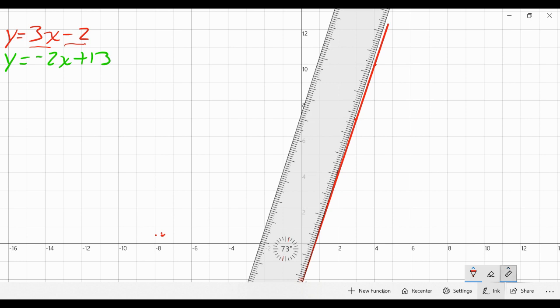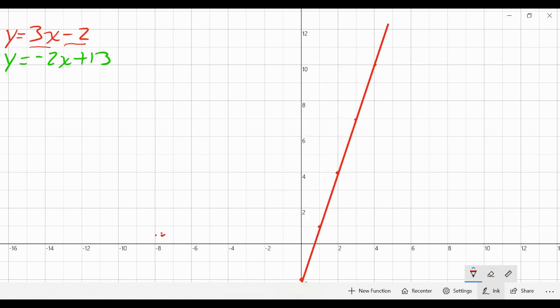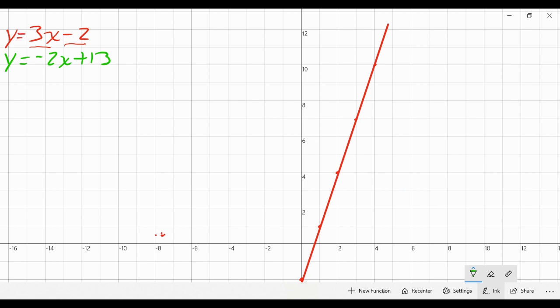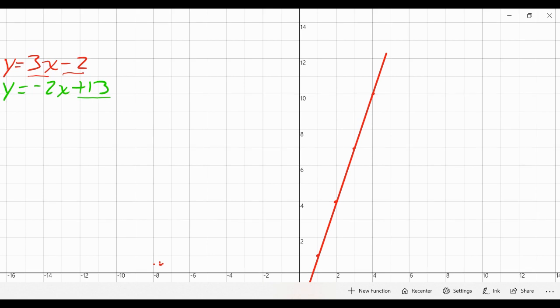Okay, then we'll graph the green line now. And again, we're going to start with the y-intercept, which is 13. So I'm going to put a point up here. Let me roll this down so I can get to that 13 there.